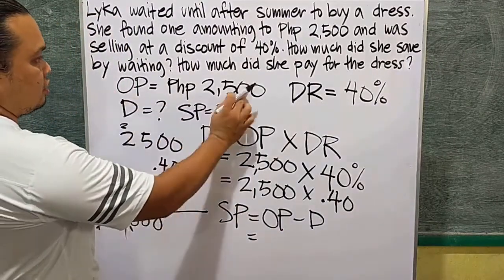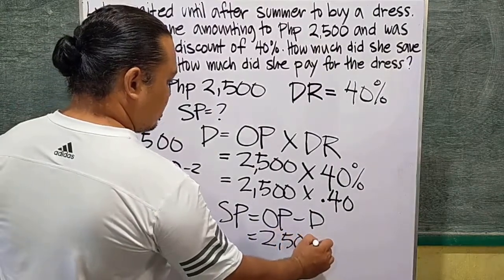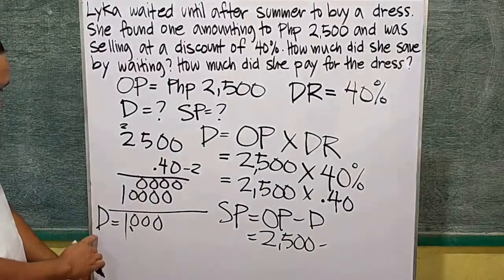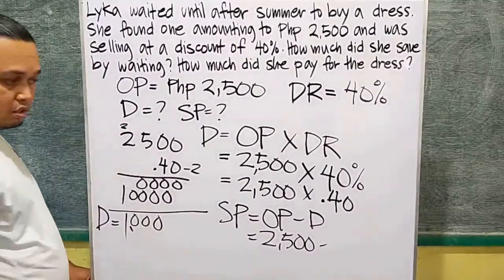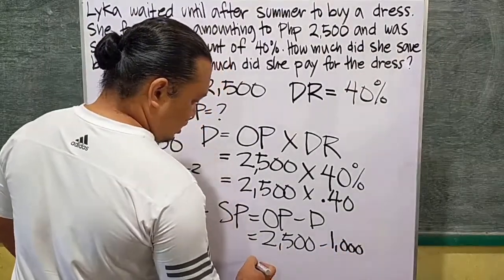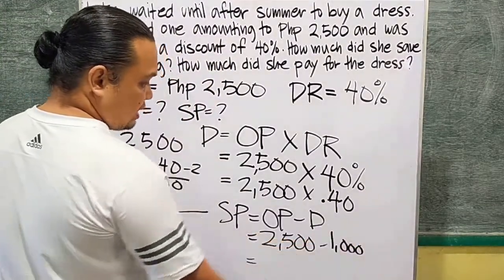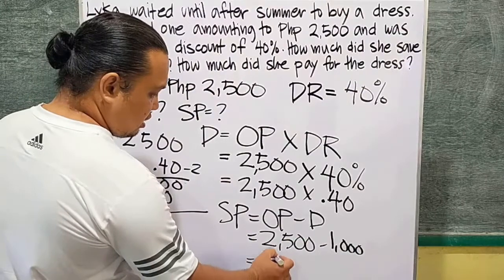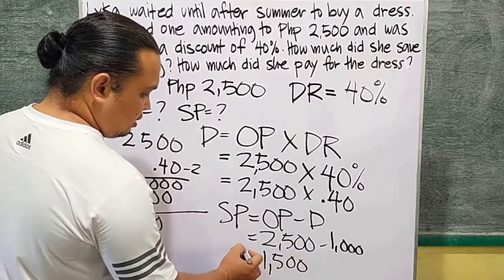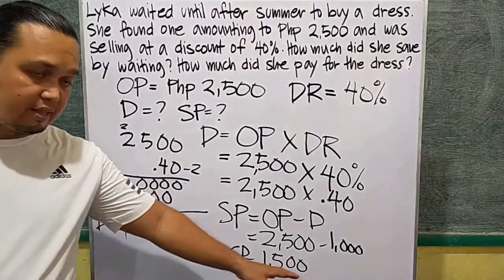OP here is 2,500, minus what is our discount? D here is equal to 1,000. So let's subtract 2,500 minus 1,000. That's 1,500. So therefore, our sale price is 1,500.